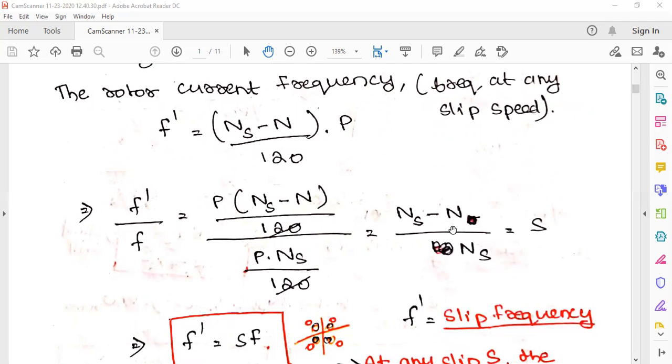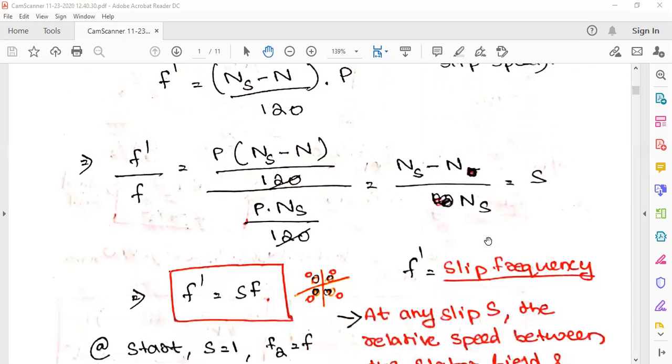Here n is the rotor speed only. (ns minus n) by ns, that is equal to slip, right? So eventually we get f dash is equal to s f. So at any slip condition, the rotor frequency is equal to slip times the supply frequency.